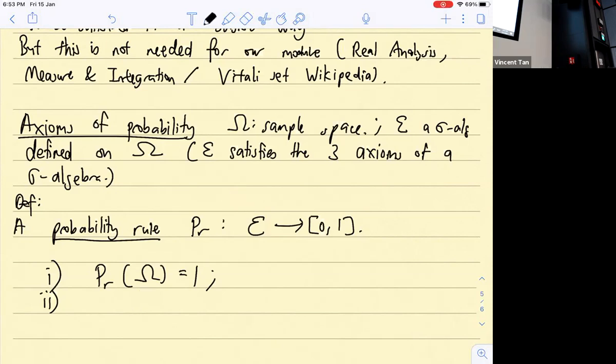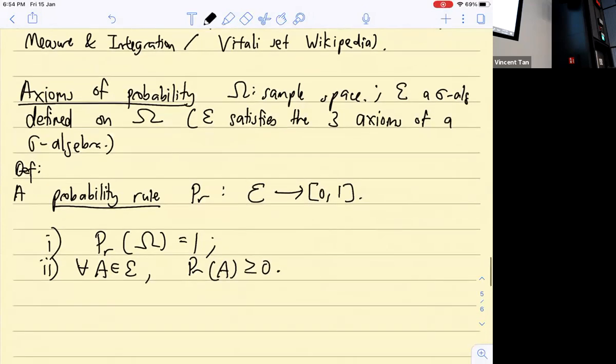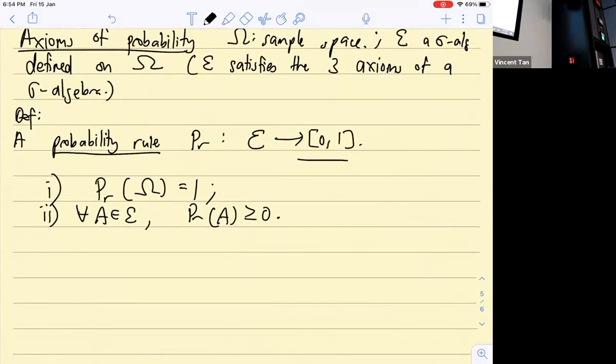So it's very important. Now, for all A in E, the probability of A is bigger than or equal to 0. It cannot be negative. But this is already encapsulated here because the codomain is the interval [0, 1].